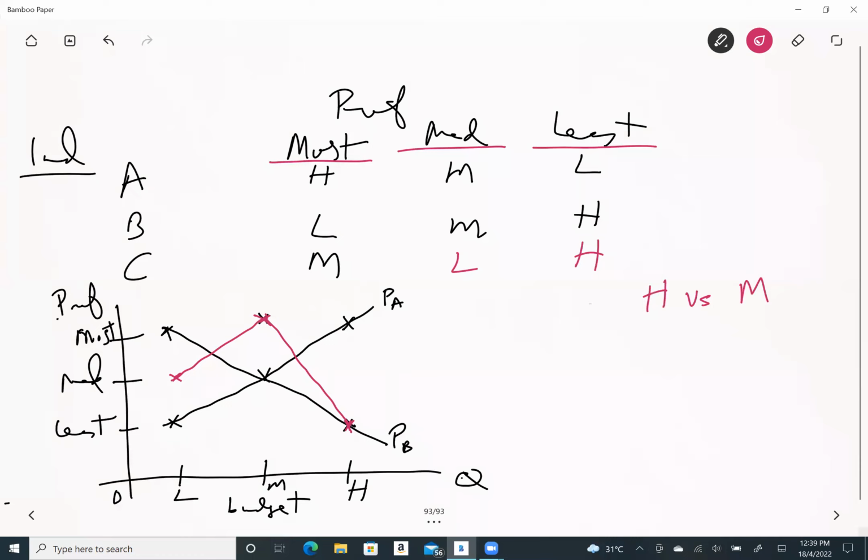High budget versus medium. Okay, high budget versus medium.